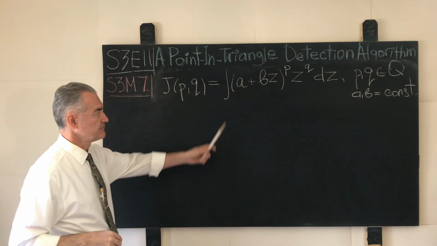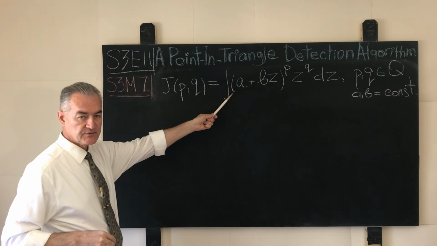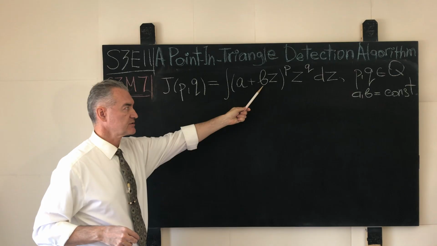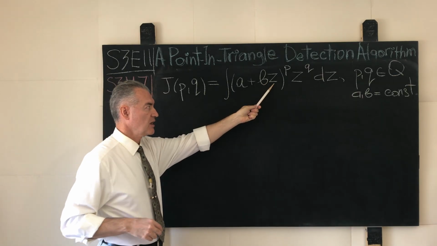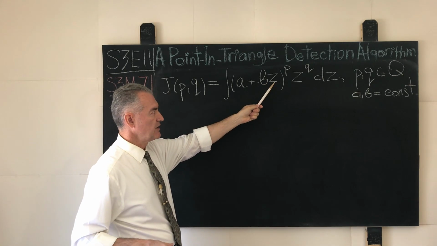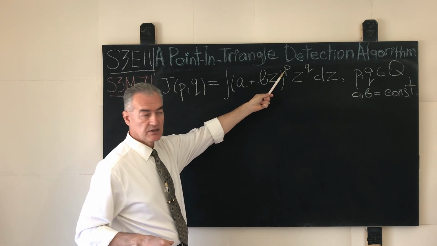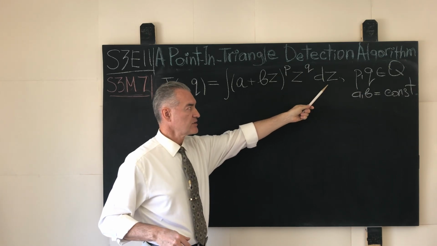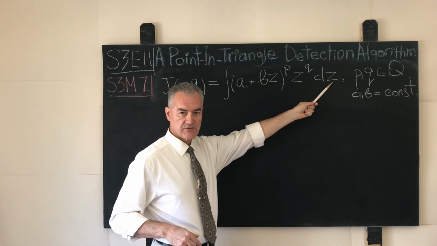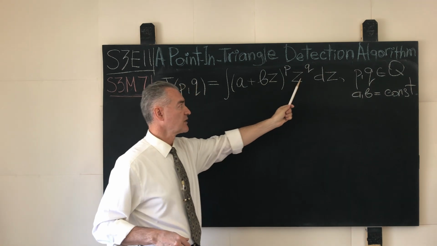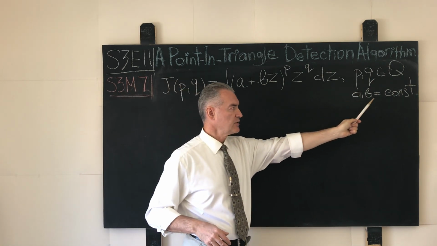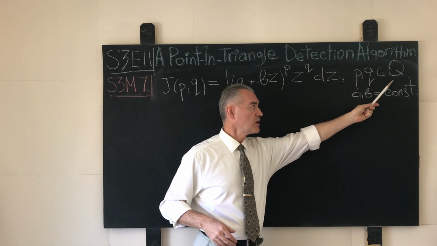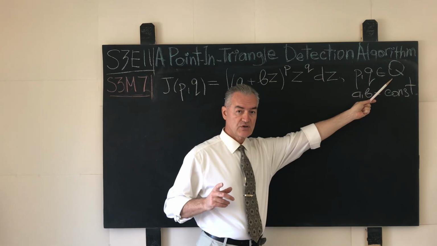Given a so-called binomial differential, which has the following shape: a constant number A plus a constant number B times a, let's say, real number Z raised to the power of P, times Z raised to the power Q dz, where the integration is carried out with respect to the variable z, and where a and b are constant real numbers, and p and q are rational numbers.